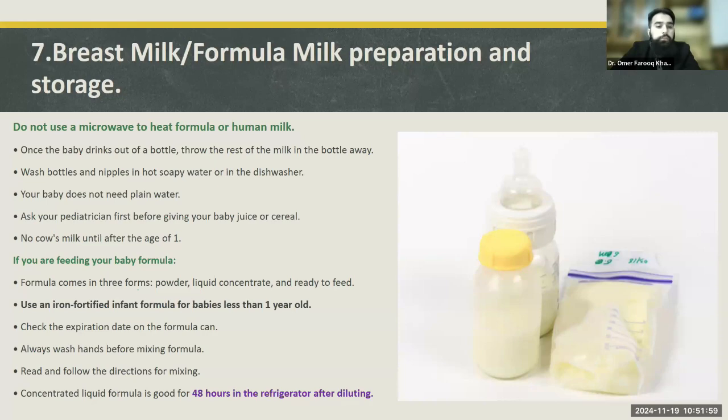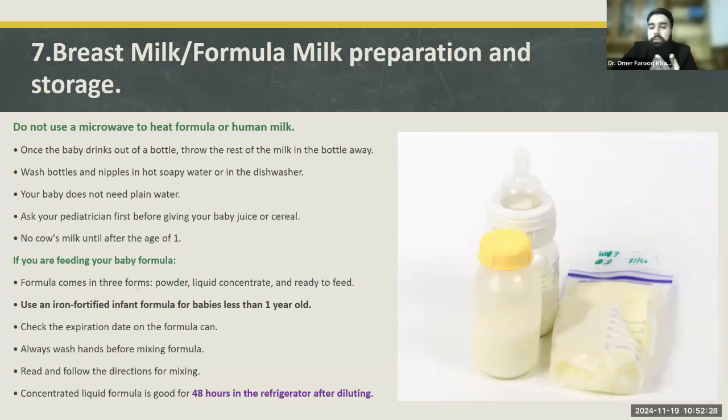If you're feeding your baby formula, it comes in three forms: powder, liquid concentrated, and ready to feed. Use an iron fortified infant formula for babies less than 1 year old. You need to give iron fortified infant formula, because babies get iron deficiency anemia very quickly after 6 months of age if they are not being given proper iron rich diets in weaning.